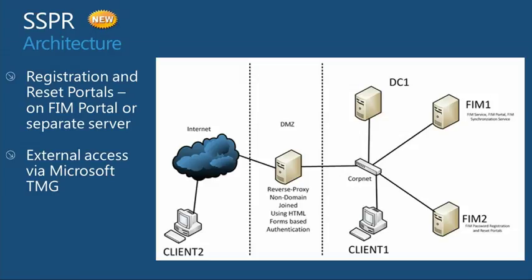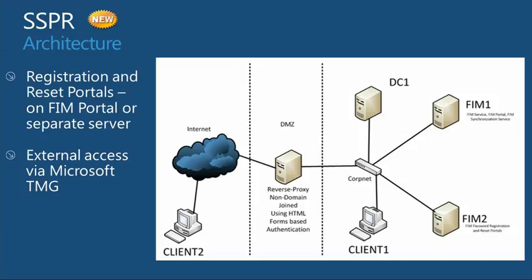I did want to make sure that everyone understands the general architecture. If you have external people, you do not put the password reset portal in the DMZ. It stays internal, and you use a reverse proxy, such as TMG, to get the traffic to and from that portal, okay? So that's the architecture.